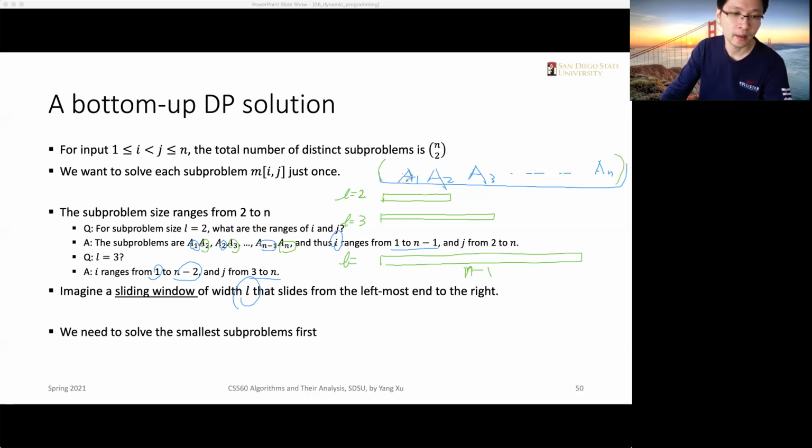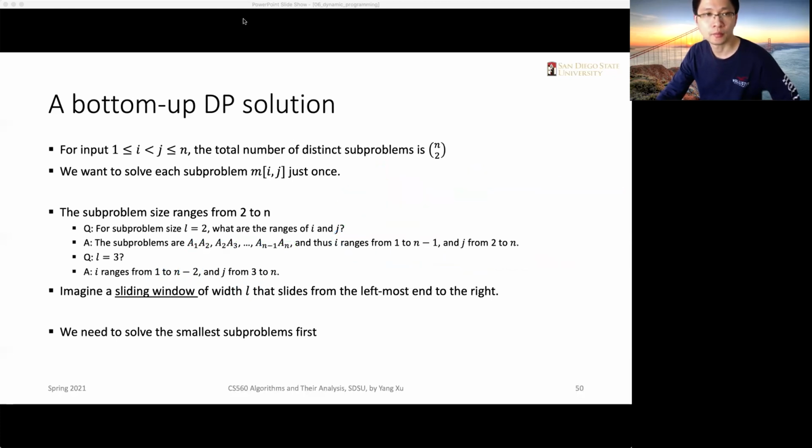With this idea of sliding windows, we can easily arrange all the subproblems in increasing order. We want to go through the smaller problems first.